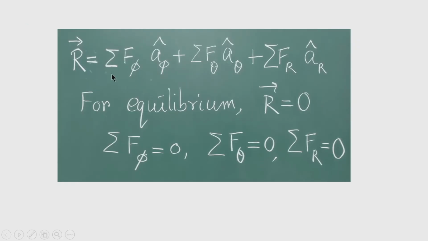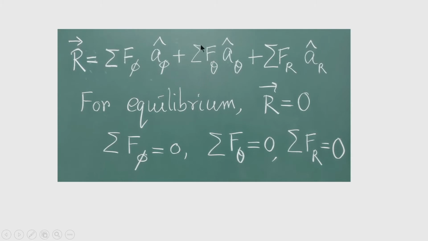Okay. So, if the resultant force is R, then we can write this vector equation: sigma F phi, which denotes the sum of the components of all forces along the meridional direction, with the unit vector a phi, plus sigma F theta, which denotes the sum of the forces along the circumferential direction, with the unit vector a theta.